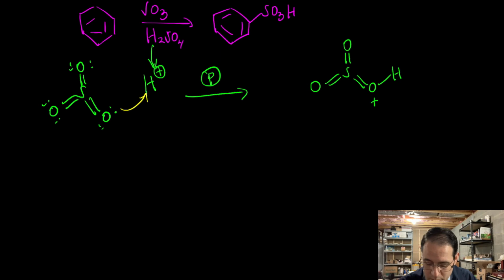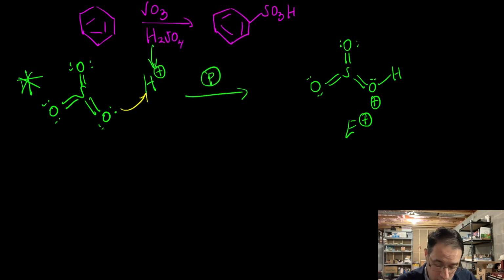So there we are with the positive charge. I'll put my lone pairs back on all of these oxygens. So this right here is the electrophile. Weird looking, I know. It's really big, but let's just go ahead and do it. That's the step that's unique for each of the reactions.